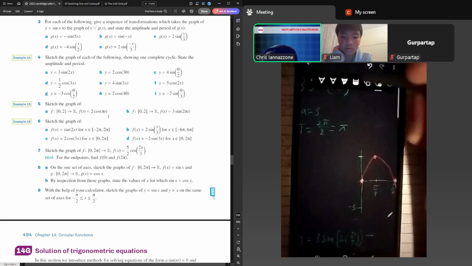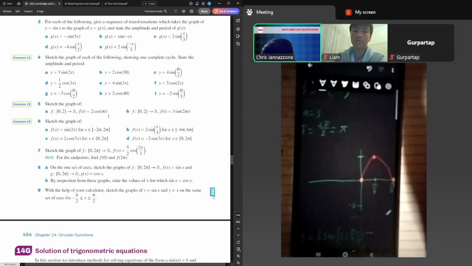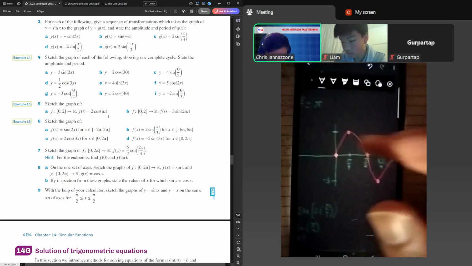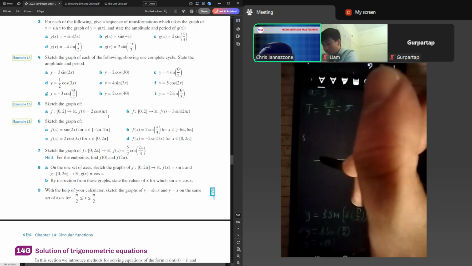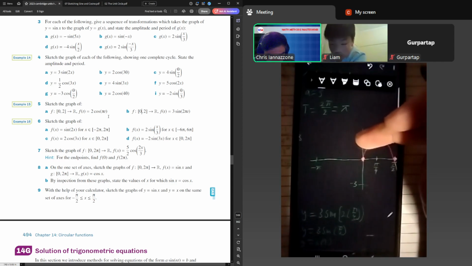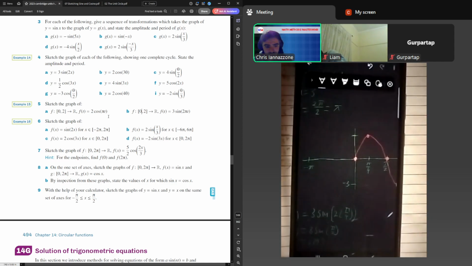Now we don't care about just doing one cycle. We want to do multiple cycles, ending at negative pi. I haven't actually explained how we do this, although I'm curious to see if anyone can come up with a way of getting us all the way to negative pi.